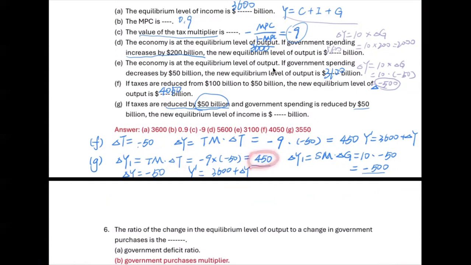And the government spending change will cause the equilibrium Y to decrease 500 billion. So totally, the net influence on Y would be negative 50: 450 plus negative 500. So the new equilibrium would be here, right? So you can get the answer.